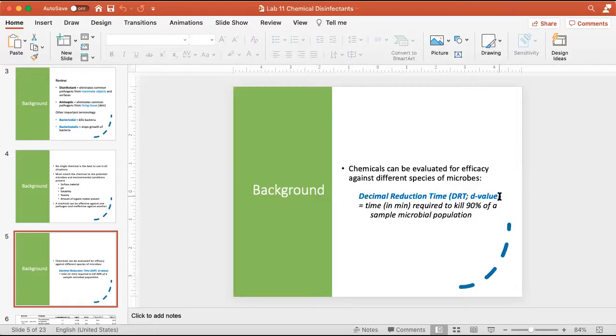The decimal reduction time is a calculated quantity. So this is a quantitative assessment. It's the time, specifically in minutes, that is required to kill 90% of the microbial cells in a particular sample.